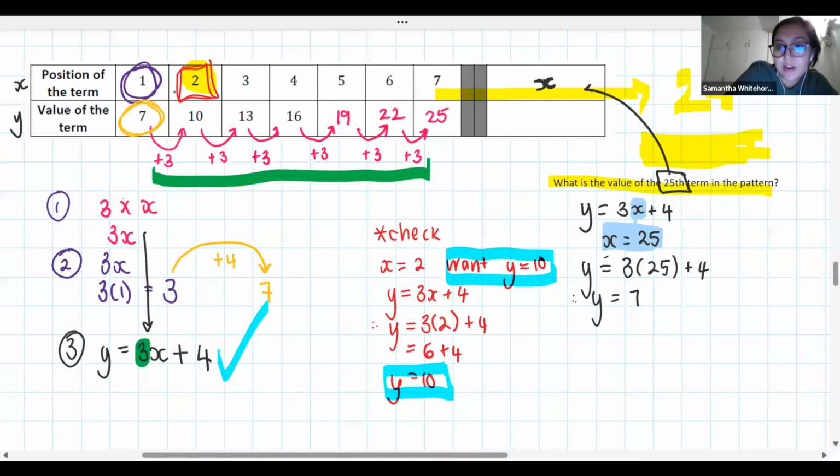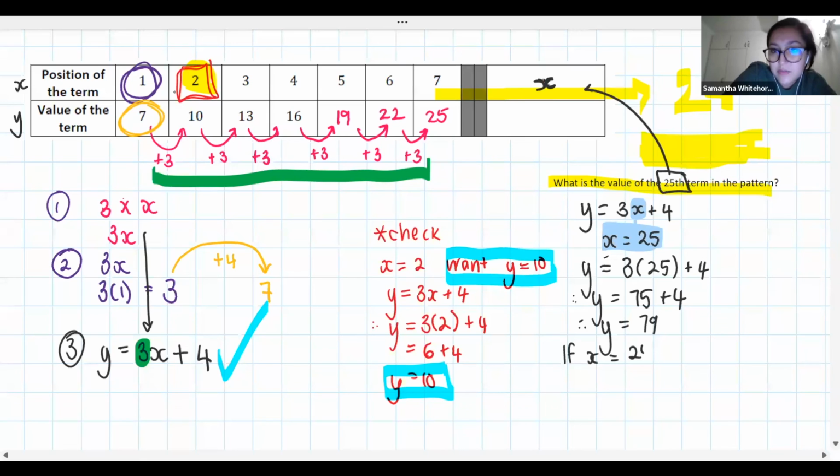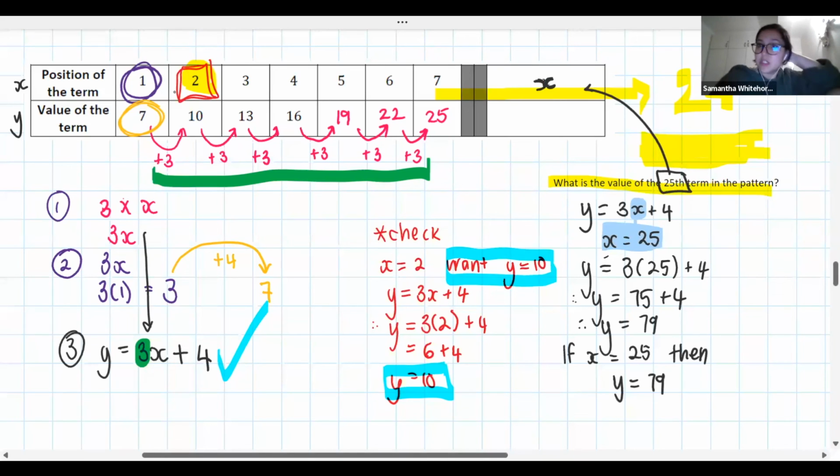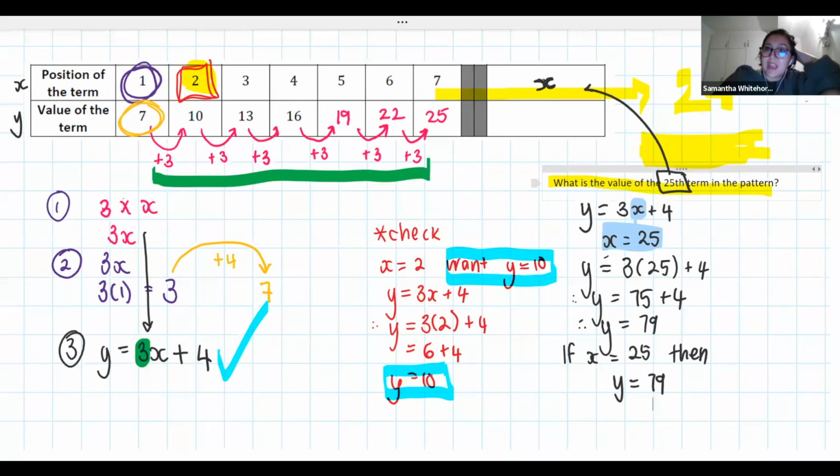And 75 plus 4 gives me an output value of, as you've all said, 79. So what this is saying is, if x is equal to 25, then y is equal to 79. If my input is 25, or if I'm looking for the 25th term, that will give me an output of 79.